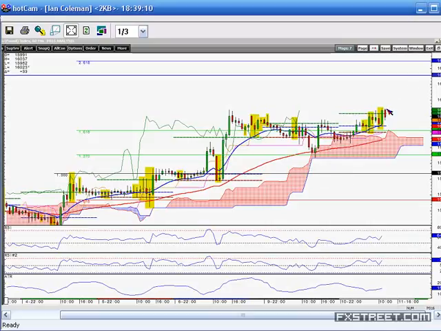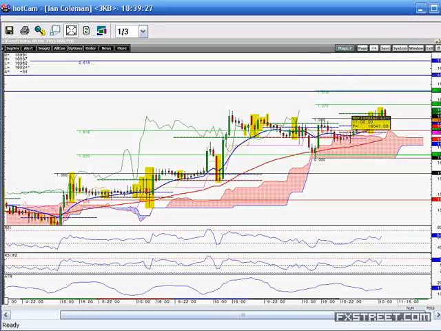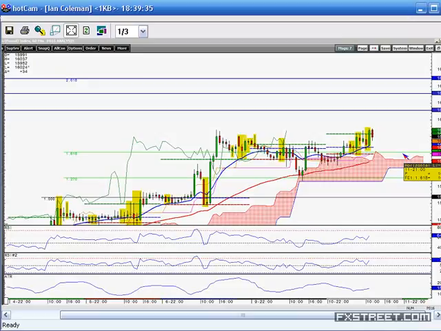So this is what I think at the moment is our last leg up. I just note extension levels on here as well. So this is sort of the zone, if you like, where I don't particularly want to be long past.